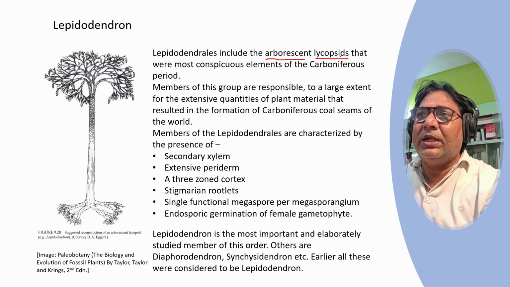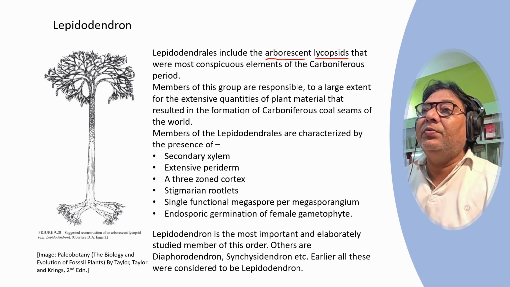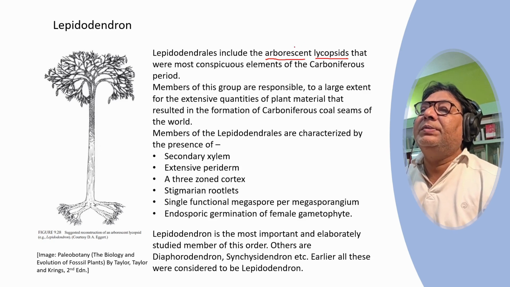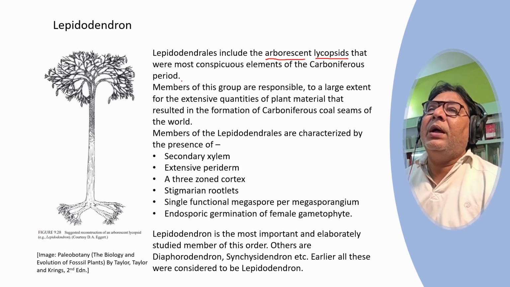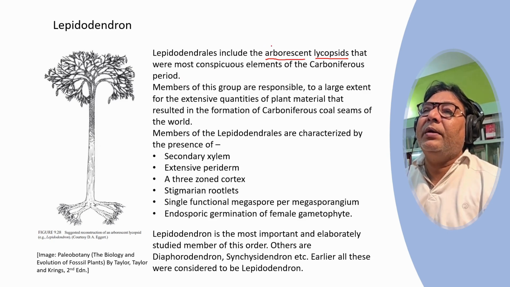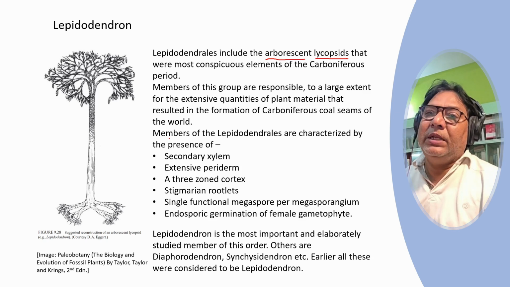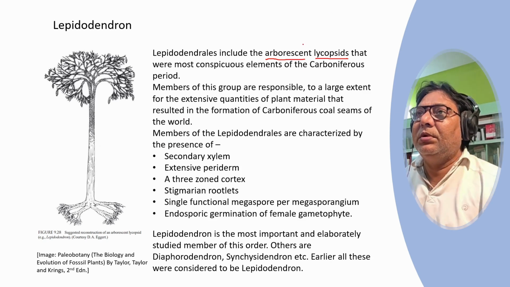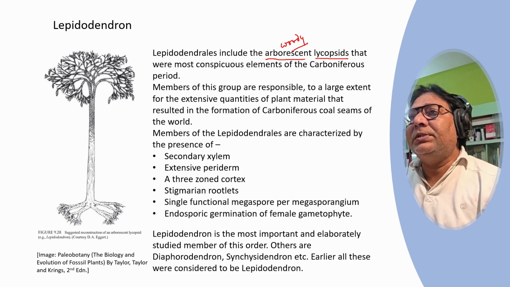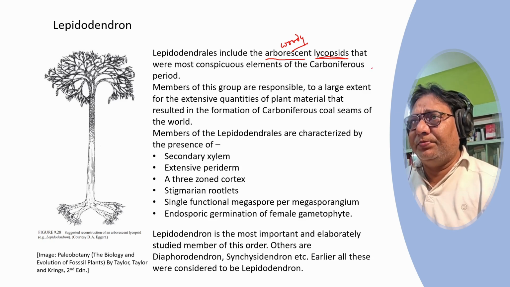Sometimes the question is asked like that. They want to know whether you know the meaning of the words arborescent and Lycopsid or not. There is only one arborescent Lycopsid known, and that is Lepidodendron. Arborescent means woody, tree-like, and Lycopsid means belonging to the Lycopsida group.